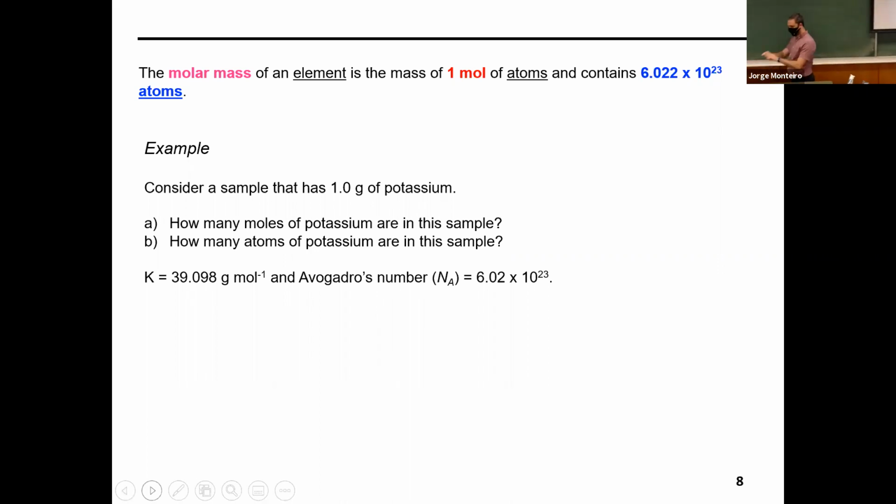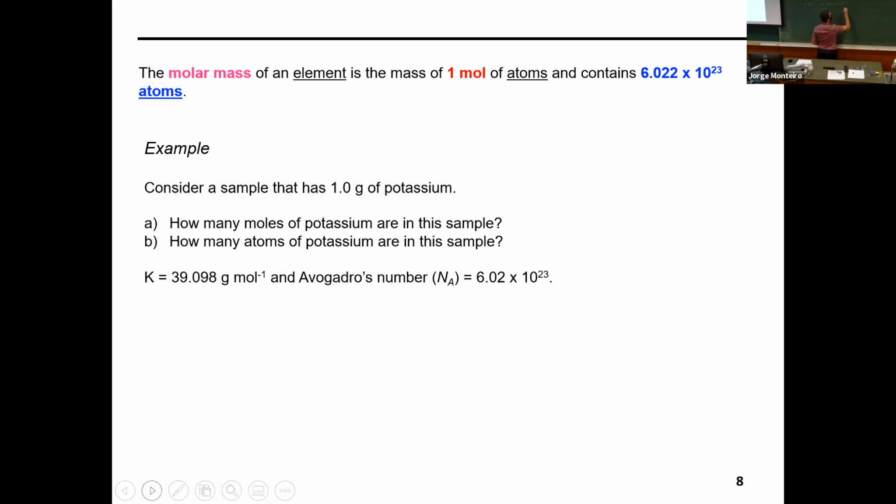Okay, so I'm going to write a big conversion factor that's going to correlate mole, atoms, and molar mass. So if we have 1 mole of potassium, this is going to be equivalent to 6.02 times 10 to the 23rd atoms of potassium.